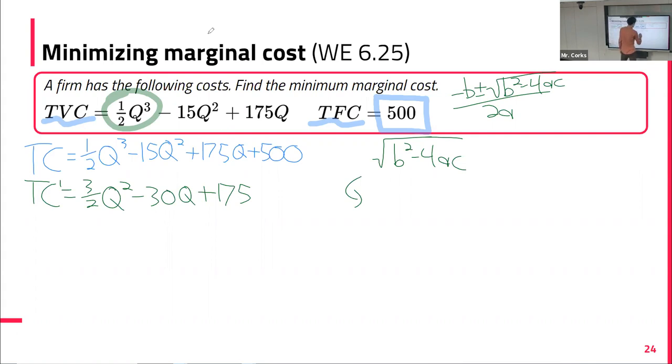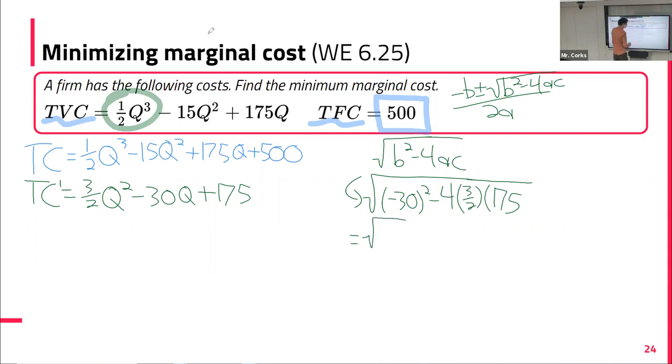The square root of b squared, so negative 30 squared, minus 4 times our a, 3 over 2, and our c, 175. That will equal the square root of 900 on the left. And what are we going to have on the right here? Now 1020, you're pretty close.